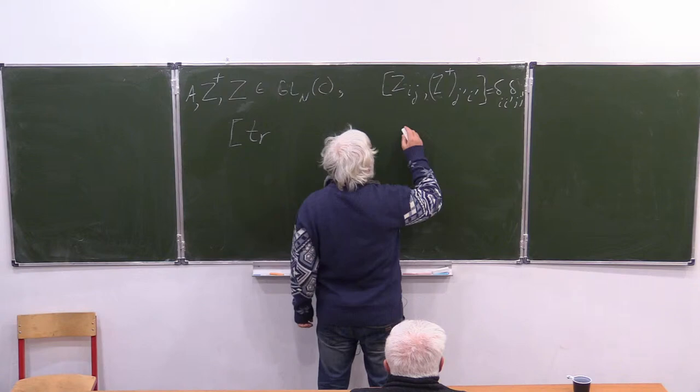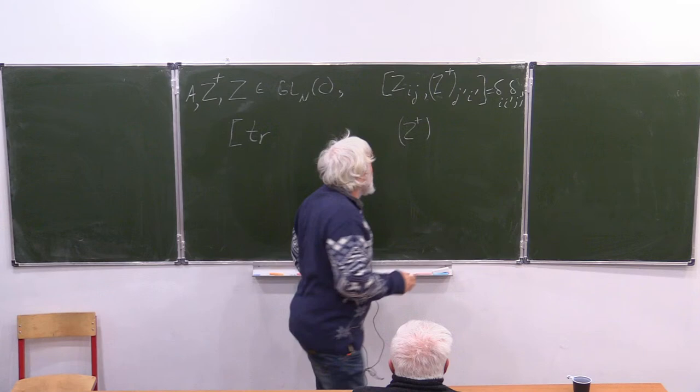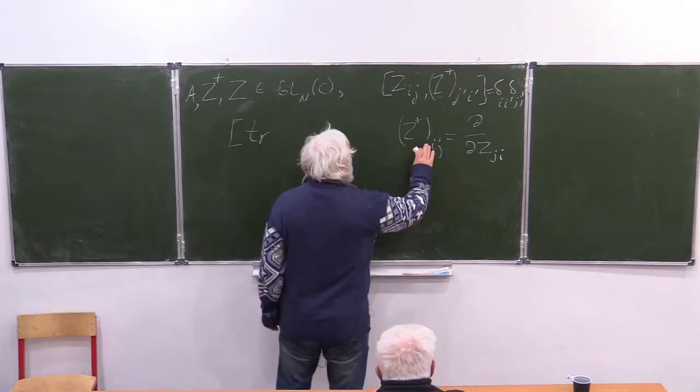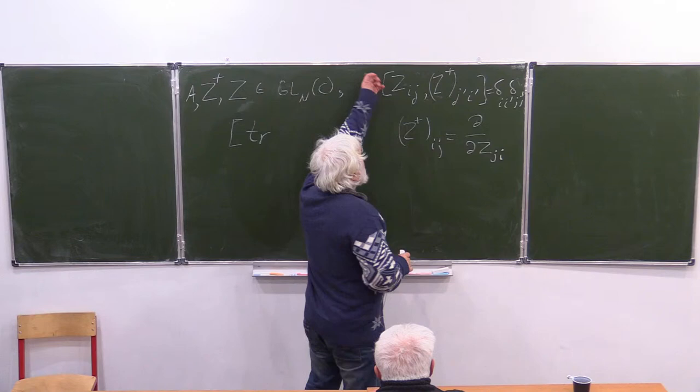And the other way is to present this operator as a transposed differential operator with respect to this matrix element. You see? That's just another way of saying constraint. Yeah. Okay. I will not use this.